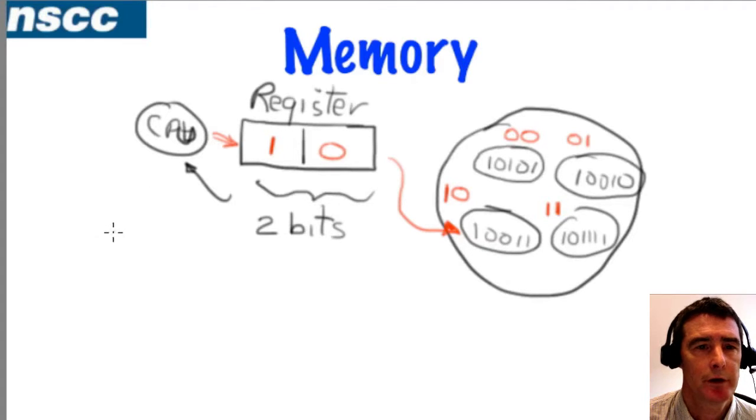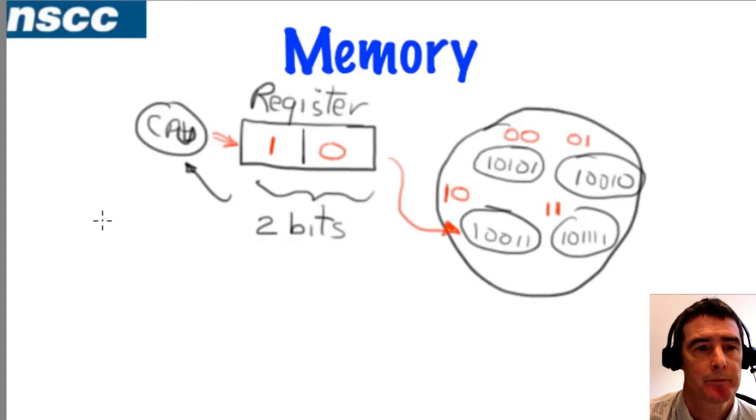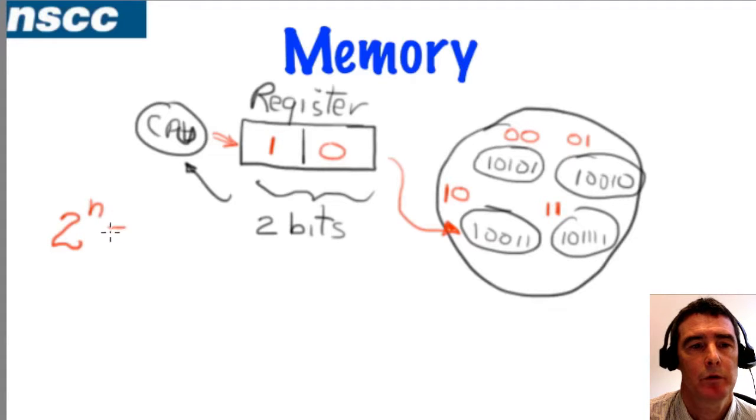So the size of registers inside a CPU can determine how much memory I can actually access. If we look at this example here, I can only access 4 locations of memory. So if I've got a memory system that's got 7 locations, I can't access it because I'm only using a 2-bit register. How many locations I can actually access is given by a formula, 2 to the n, where n is the number of bits I have here.